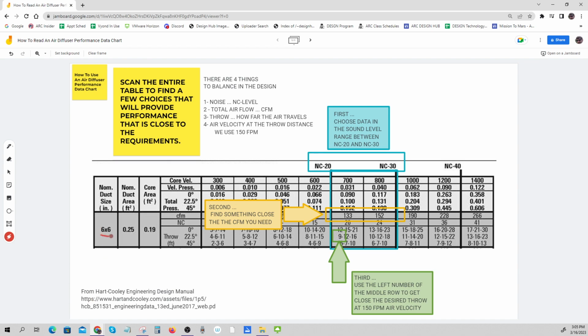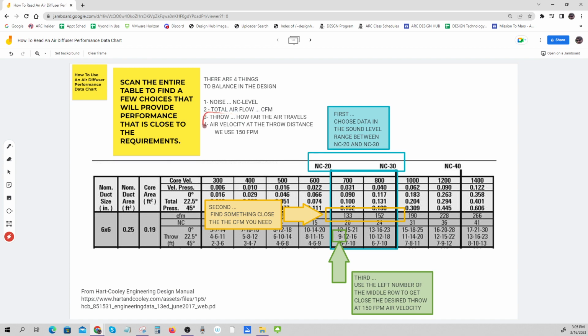And I'm using one with a duct that's 6 by 6. They're more interested in the duct than in the actual face of the terminal. So we want one with a duct that's 6 by 6 here.